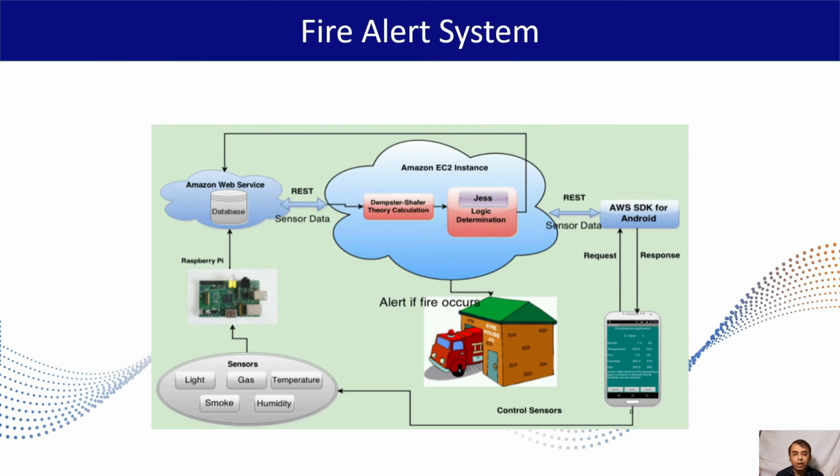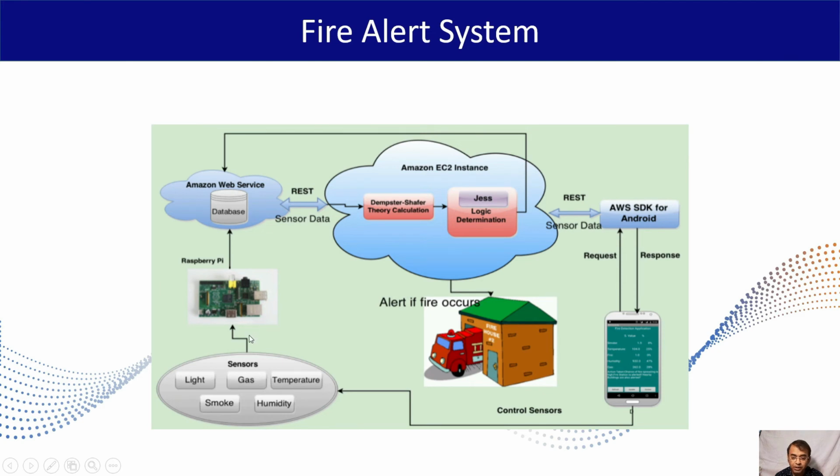Now I will tell you another AI-enabled IoT system, that is the fire alert system. You can see from the presentation there are many sensors like light sensor, gas sensor, temperature sensor, humidity sensor and smoke sensor.